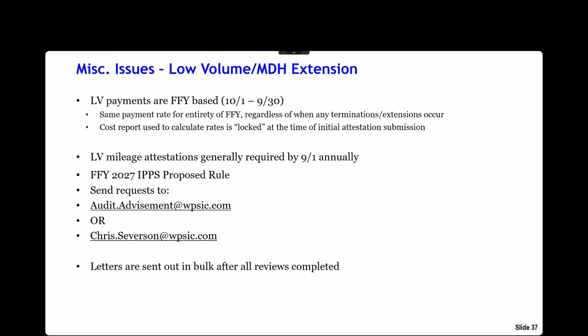That mileage attestation is generally due by September 1st annually. And the problem with it is it comes out in the Federal Register that's usually mid-September or mid-August. That's usually when the Federal Register pops out. So it's one of those things. I start ahead of time for WPS. I start sending out reminders to any emails we had from last year.